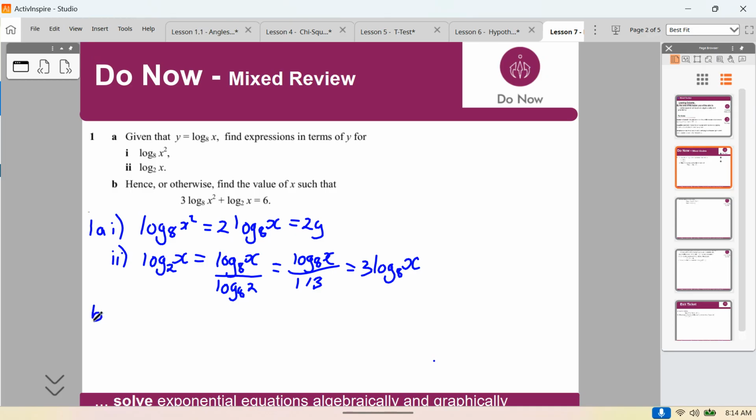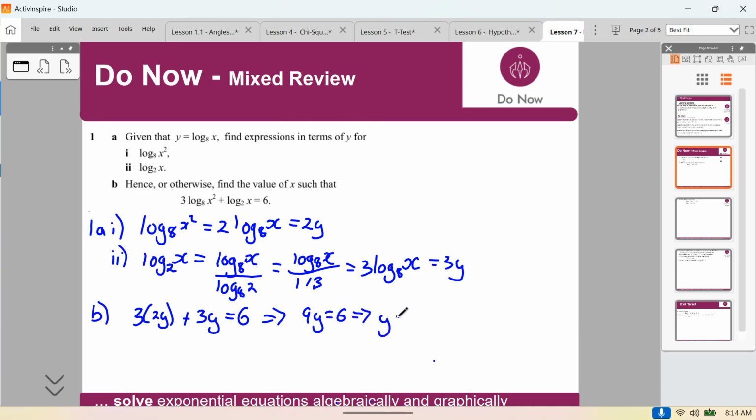So for b, this is term I, so that's 3 times 2y. This is term II, so that is plus 3y. This gives 9y equals 6.